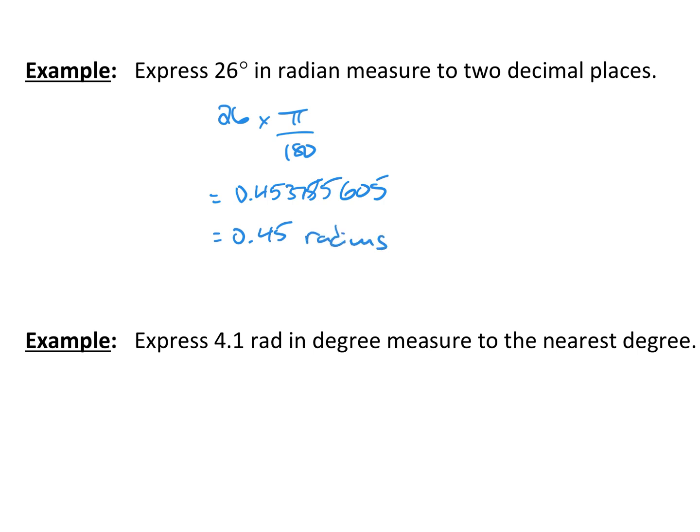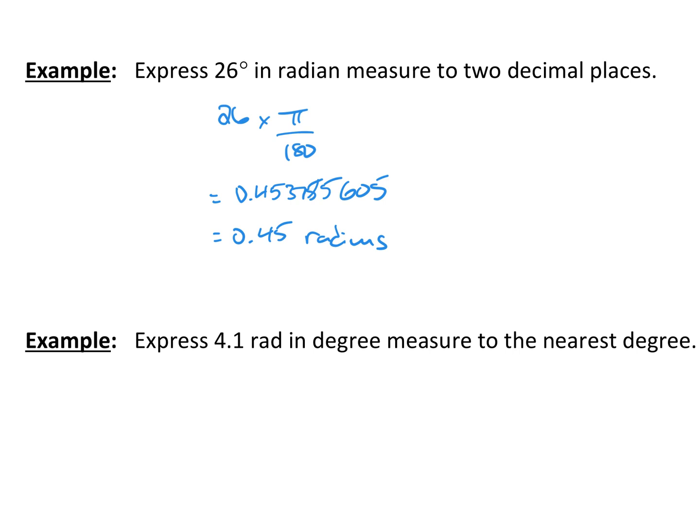Here's the deal. When we are asked to write something in radians, if it talks about decimal places, this is okay. If it doesn't talk about decimal places, or doesn't say approximate value, then you have to do it the first way we did it.